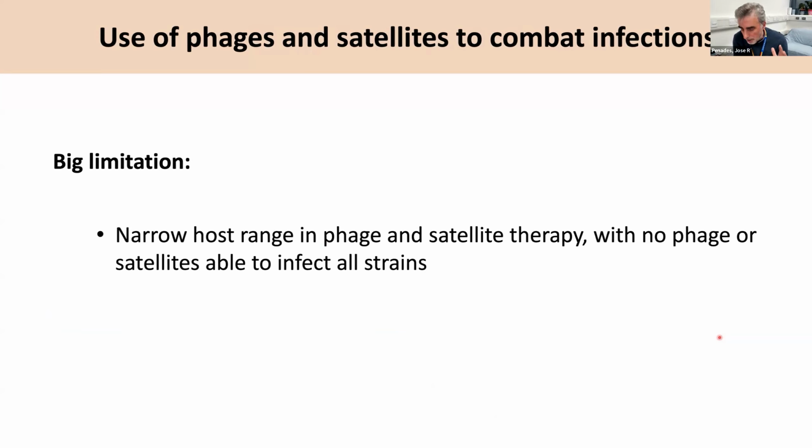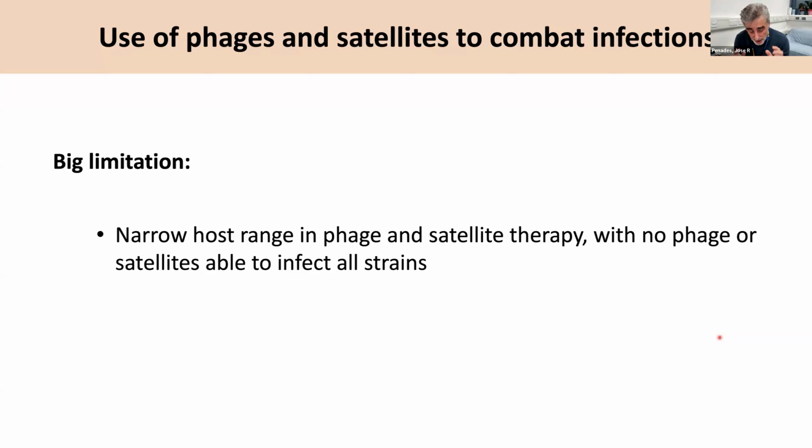But there is a big problem right now for the phages. Any phage is not even able to infect all the what we call strains from one species. So like if we were bacteria, because we are genetically different, but we are all humans, we are what we call strains. So there is no phage that is able to kill all the strains from the same species, meaning that in terms of therapeutics, they are very narrow in range.